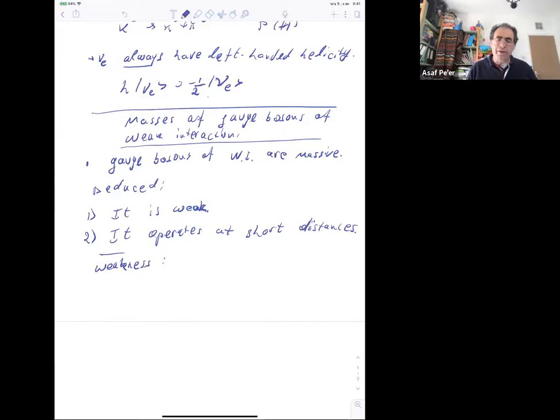Remember the Feynman rules that we discussed earlier in the course. There were two relevant Feynman rules.